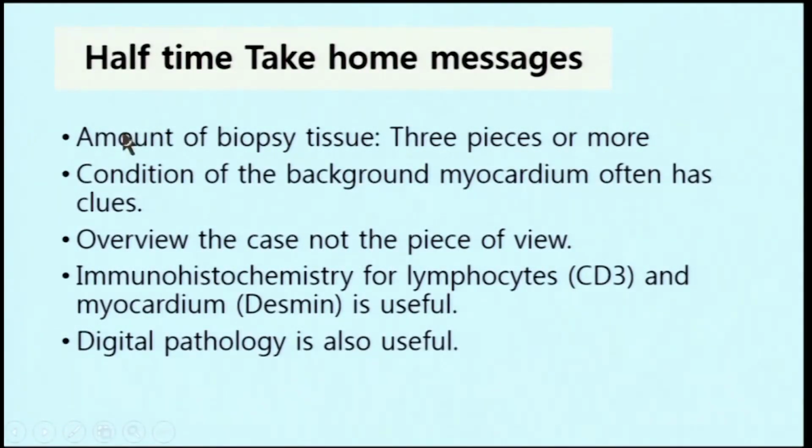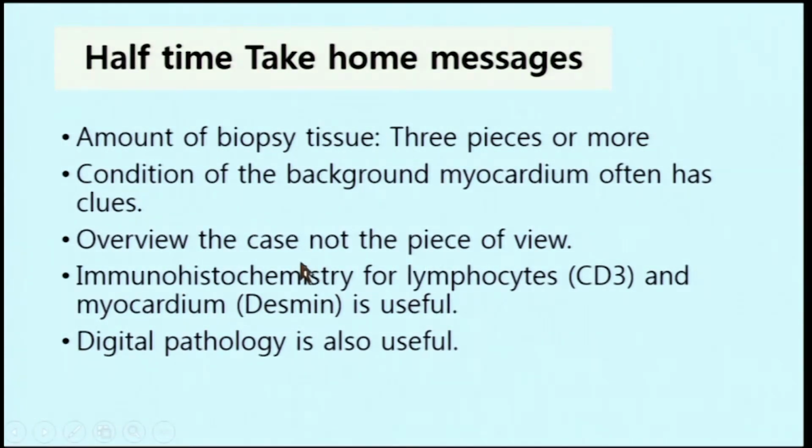So, summarizing this first half of my talk: the amount of biopsy, 3 pieces or more, is better than 2 or less, in the sense that we can view the whole image of the left and right myocardium. And background myocardium is also very important for interpretation of a specific condition.